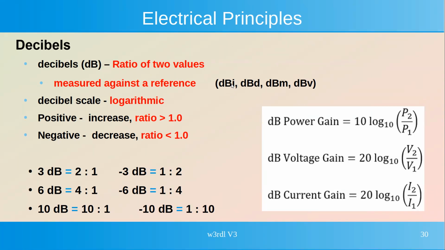It doesn't exist in the real world, so that's why it's a reference. So it's antenna gains relative to that reference antenna. Sometimes we also use a dipole antenna as a reference, and if it's referred to that, we represent it as a dBd, or a dB relative to a dipole.